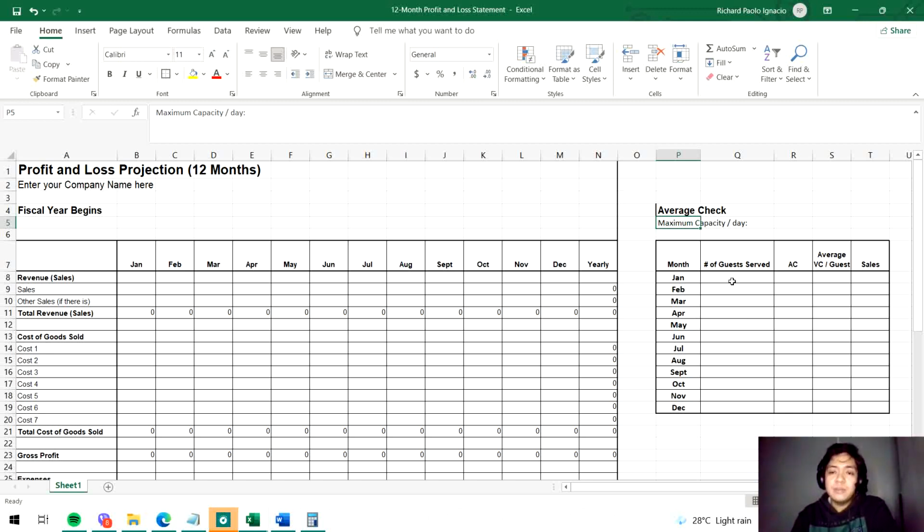Now, by using that method of identifying your design capacity and effective capacity, you can then come up with a total number of guests na pwede nyo i-serve. Let's say, for example, sa inyong coffee shop, you have a capacity of 60 guests.